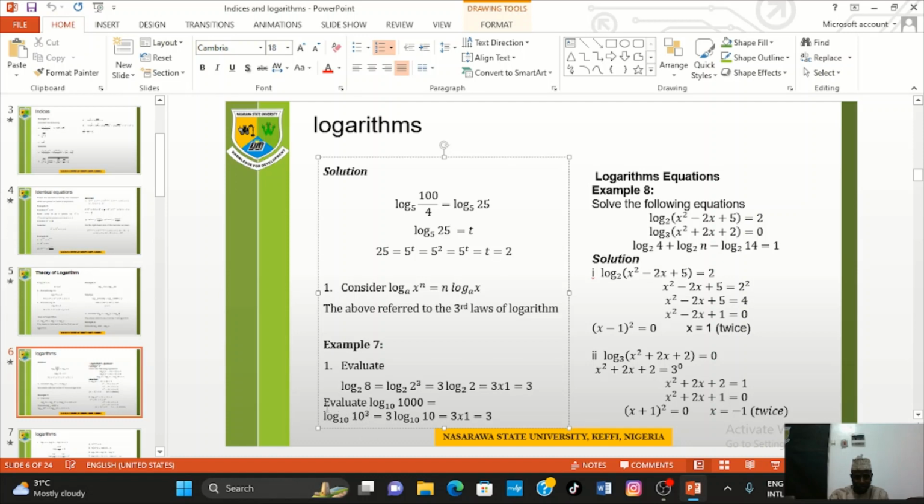So the 3 can come down to the front. Now we have it as 3 log 10 to base 10. So the log of the same base is 1. 1 times this 3 is still 3. So I believe we understand the logic. So that is good.